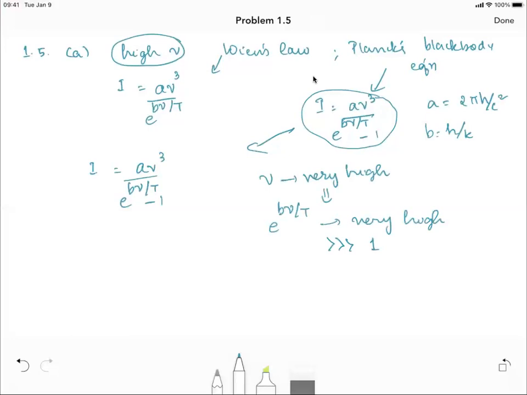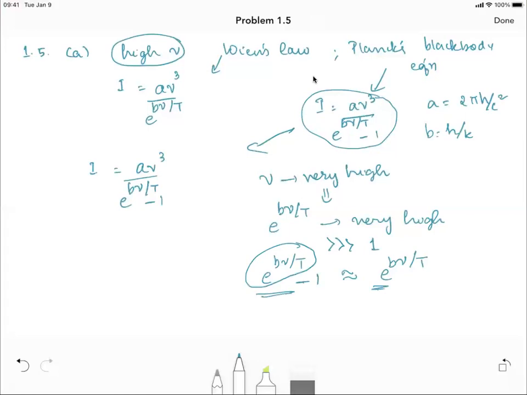So we can approximate this to just the exponential part. It doesn't matter whether we subtract a 1 from it or not.